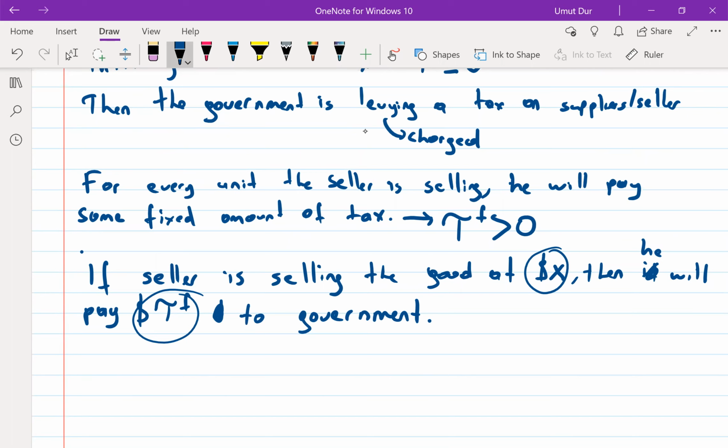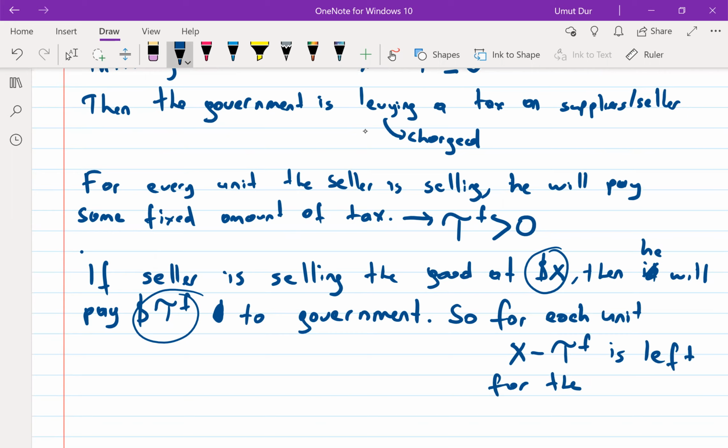So for each unit, X minus tau F dollars is left for the seller. This tax is charged on the seller, so the seller is paying for it.